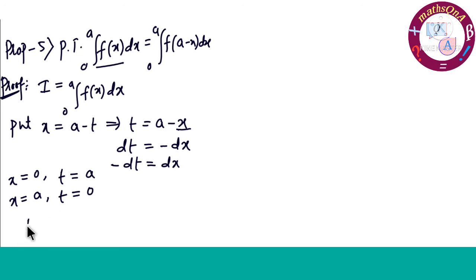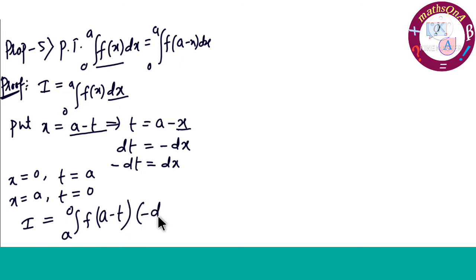Then the given integral I is equal to integration of, in place of 0 put a, and in place of a put 0, f of x, where in place of x you put a minus t, and in place of dx you put minus dt.